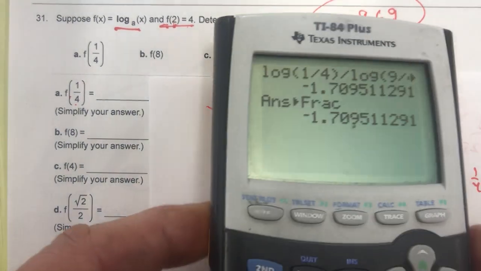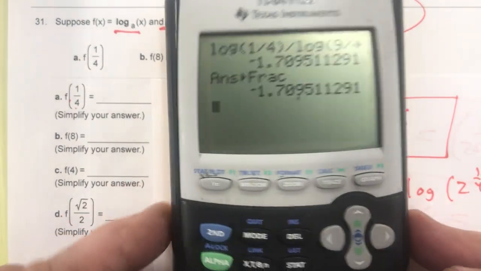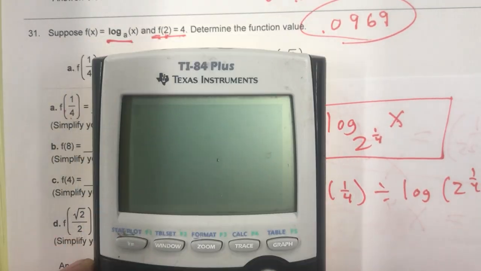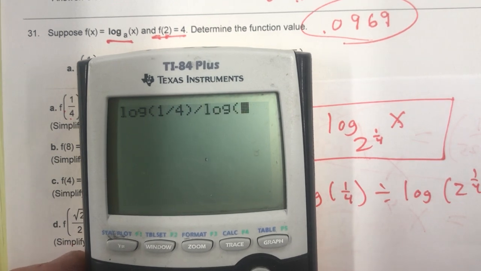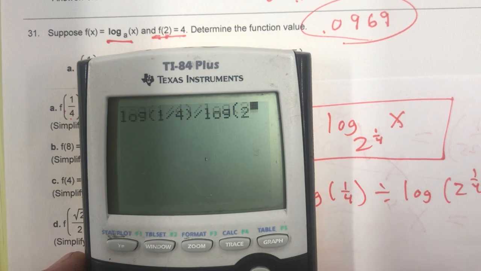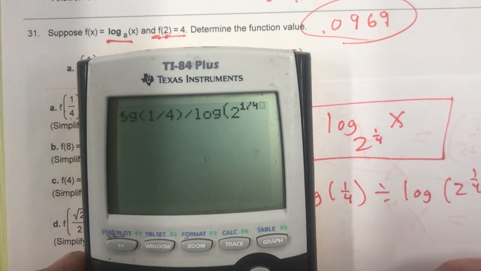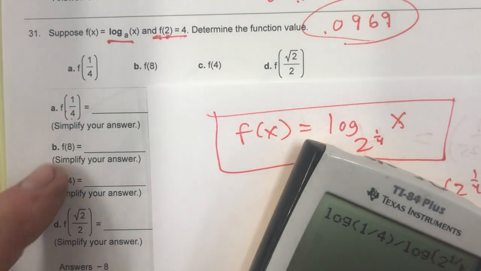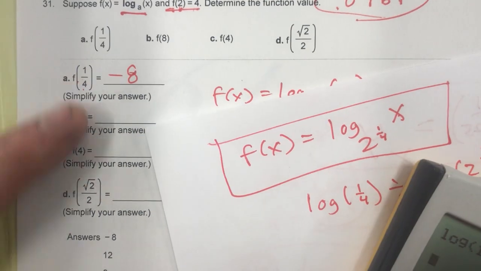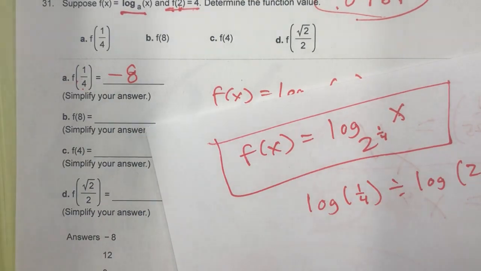Okay? All right, so let me do this now. I'm going to do log 1/4 divided by log, and I'm going to do 2 to the 1/4. And there you go, -8. This is -8. And you see the answer down there, -8's right.